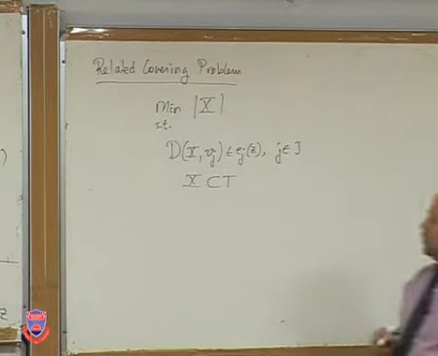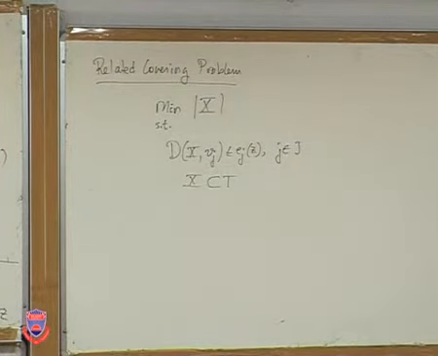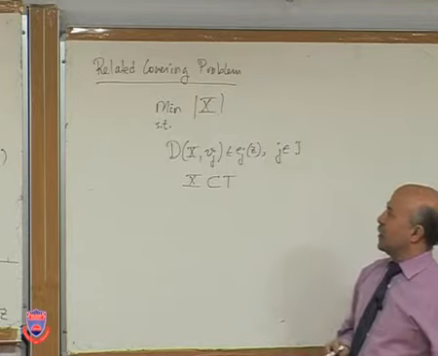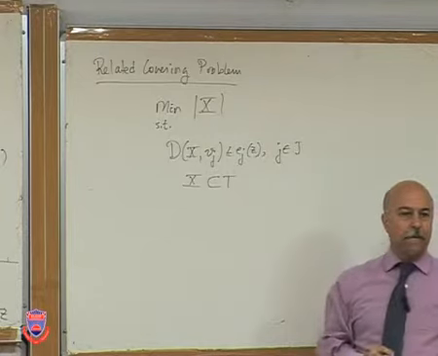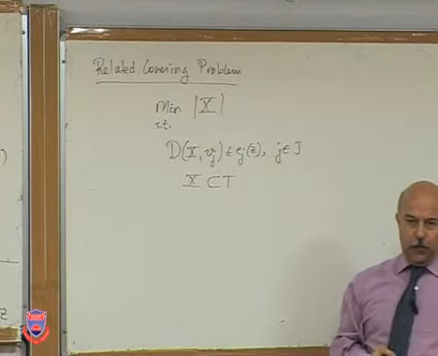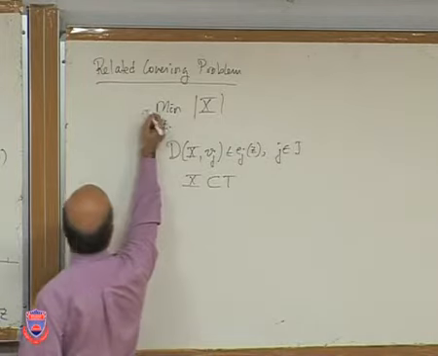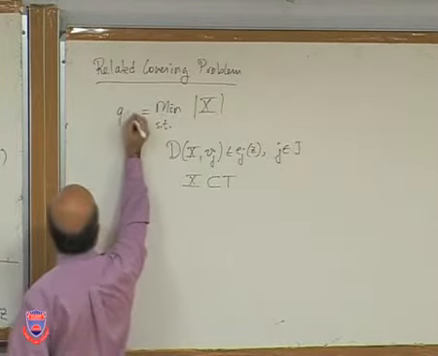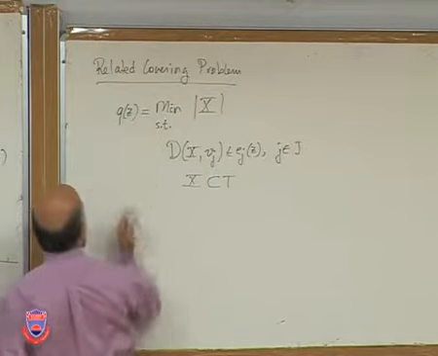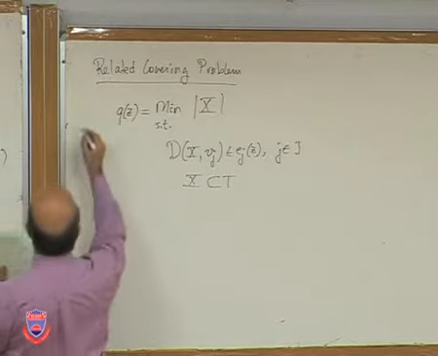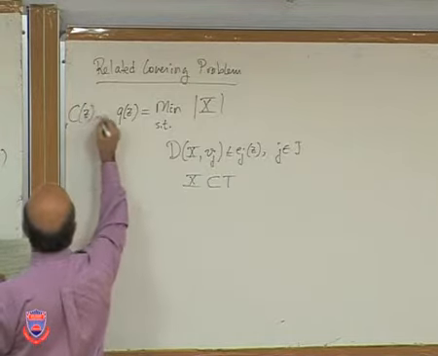There's no cardinality restriction on x. You're trying to locate the fewest possible number of points subject to all of these constraints being satisfied. This is for fixed z. You pick a value for z. So the output will be a positive integer, dependent on the value you pick for z. That's your covering problem.